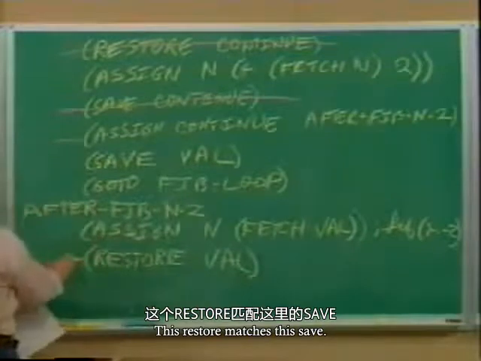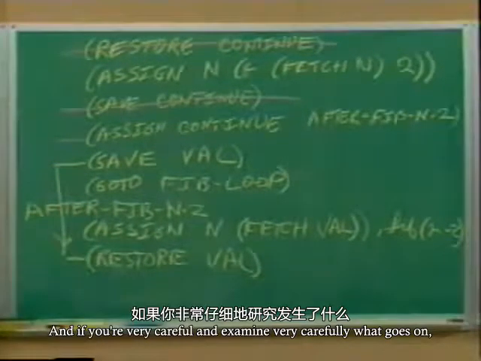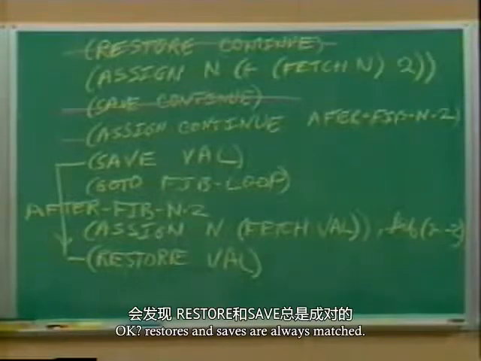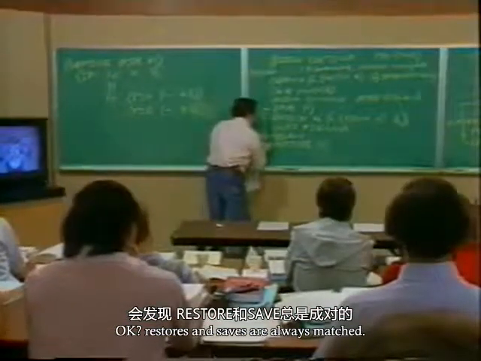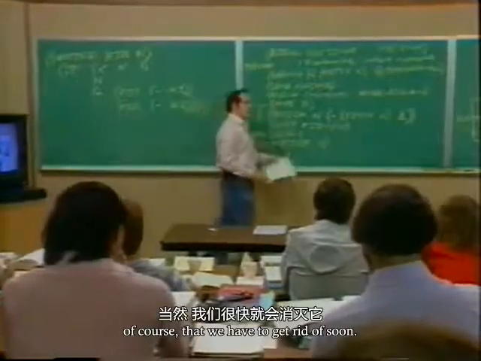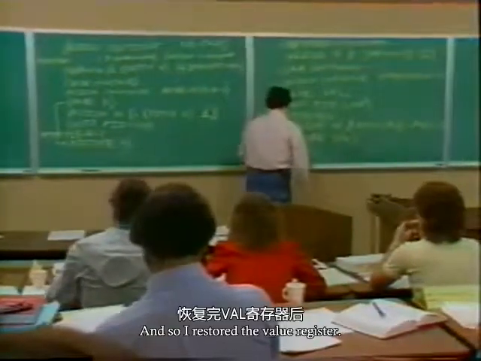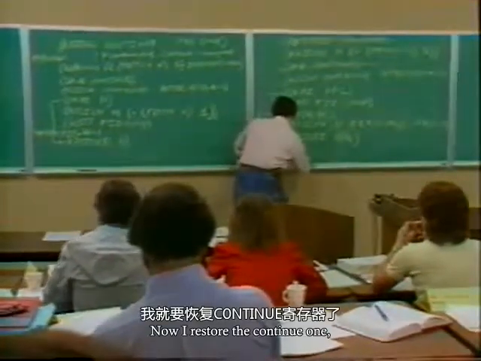This restore matches this save. And if you're very careful and examine very carefully what goes on, restores and saves are always matched. Now, there's an outstanding save, of course, that we have to get rid of soon. And so I restored the value register. Now I restore the continue one.